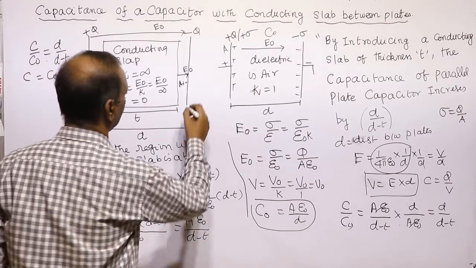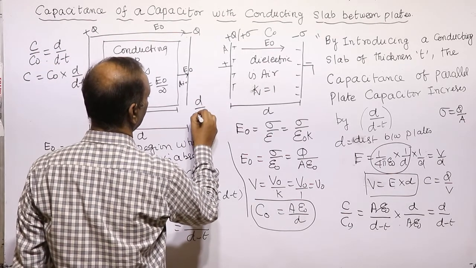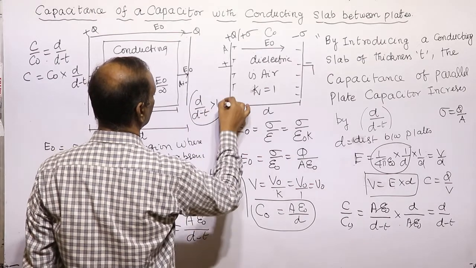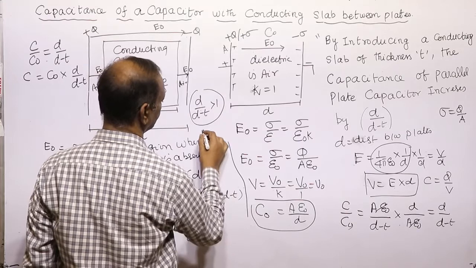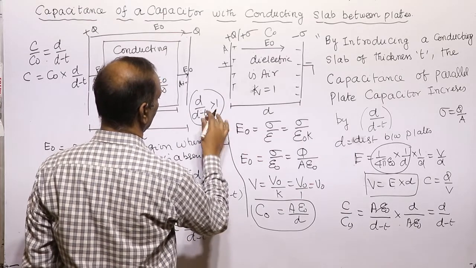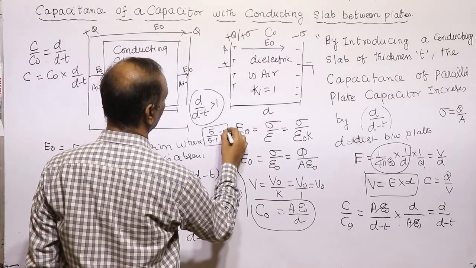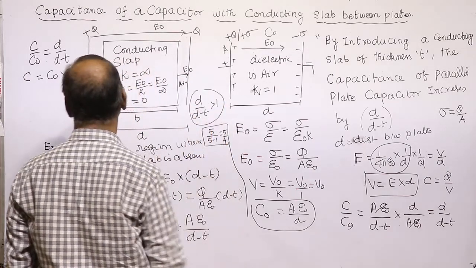We can say D by D minus T is always greater than 1. Why? Because if D is 5 and T is 1, then 5 by 5 minus 1 is 5 by 4, which is always greater than 1.